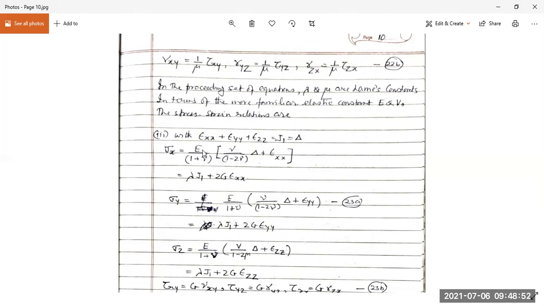Sigma x becomes E epsilon by 1 plus nu, plus lambda into delta, with 1 minus 2 nu. We are putting the respective values, which have reduced, and got this particular result. Sigma x is lambda into J1 plus 2G into epsilon xx. Similarly, epsilon y, we have already formed this equation here.